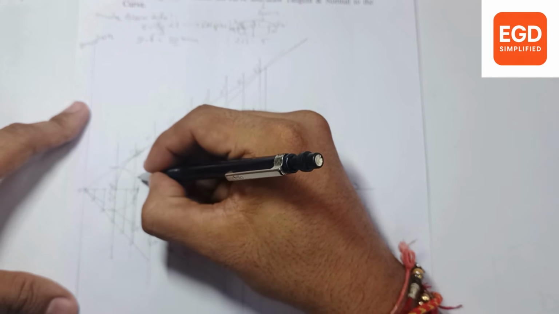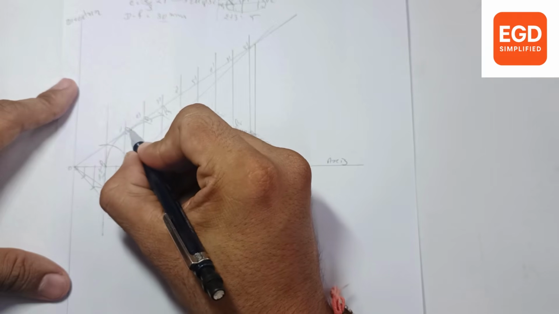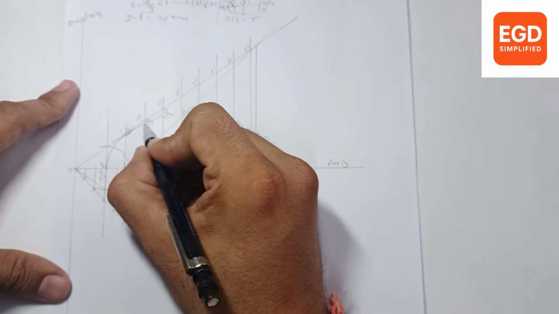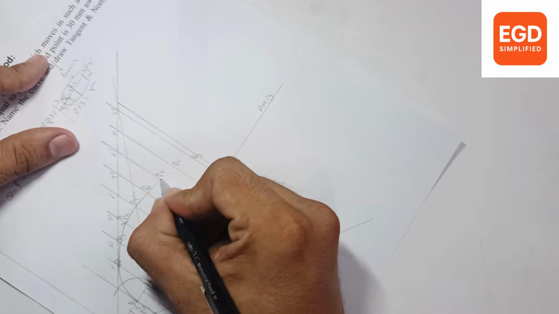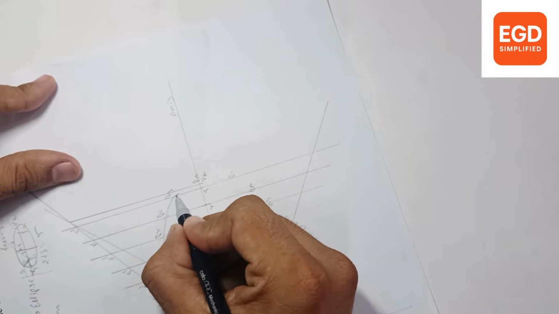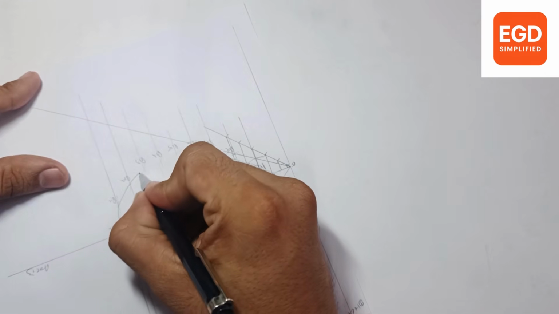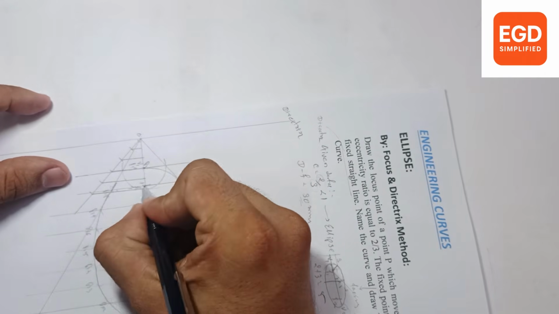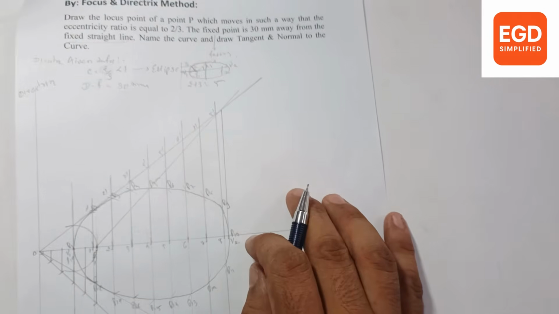On the vertical line, your curve should touch these two lines on the upper side and lower side. Your curve should pass in such a way that these lines make a tangent. Draw a smooth curve. At the focus it will touch. Okay, here your curve is generated.